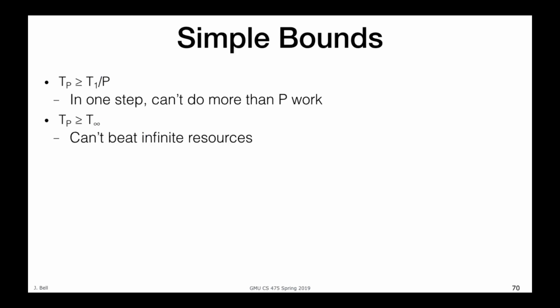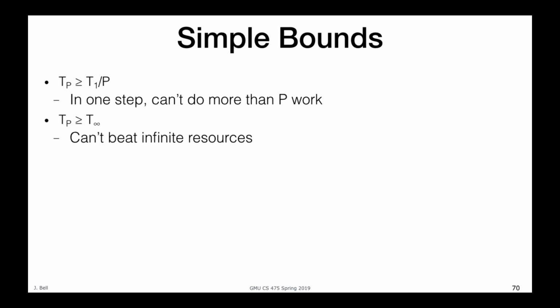So a few simple observations. First, buying P processors is not going to speed up our application by anything more than a factor of P, right? Another way to think about this is that P processors can do at most P work in one step. So we can't possibly speed things up faster than having our work perfectly distributed amongst all of those processors.